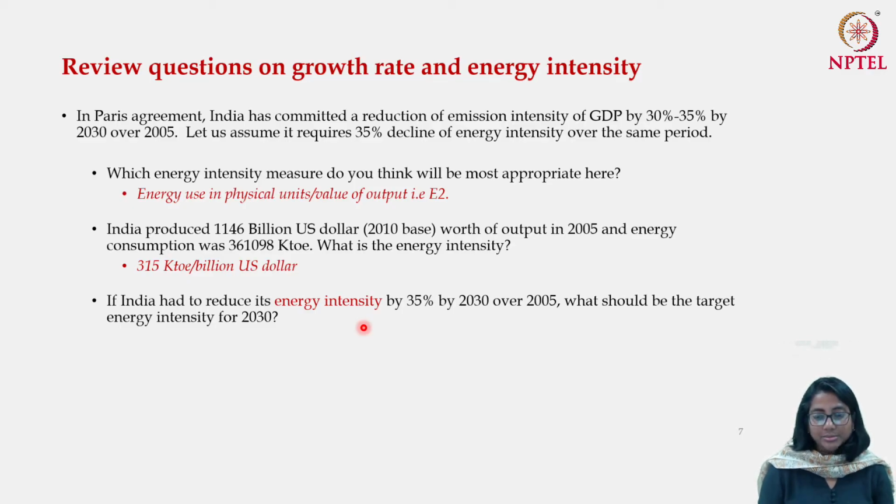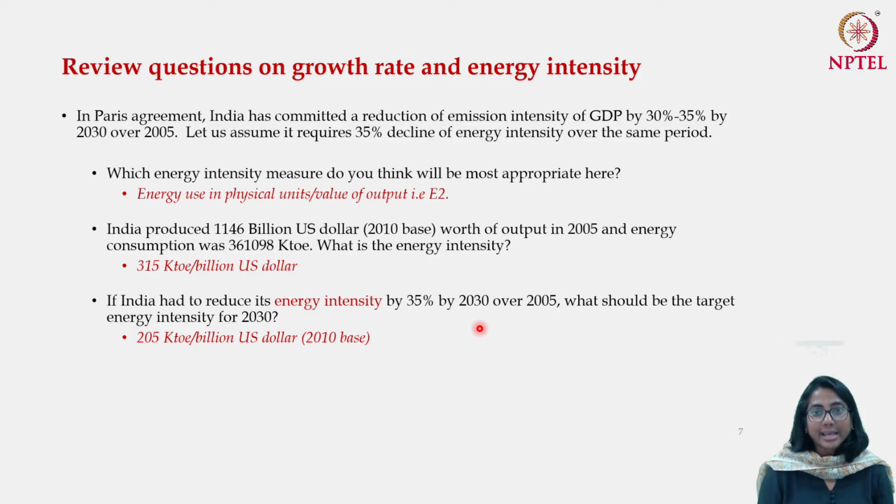So again, you can do the calculation and check whether it's matching with this answer or not. It has to become 205 kiloton of oil equivalent per billion US dollar. So this is your target energy intensity to be achieved.